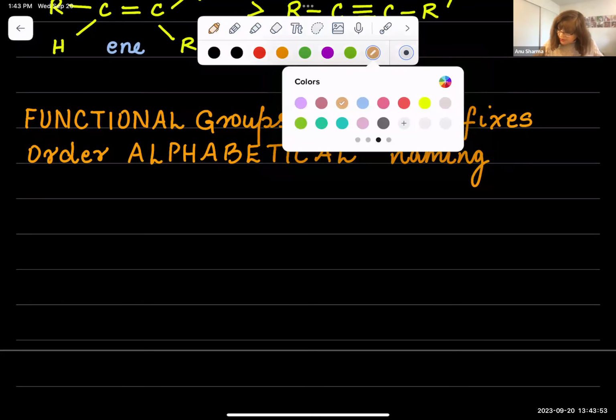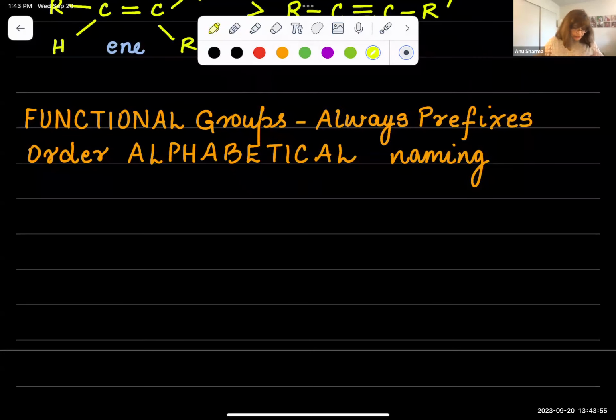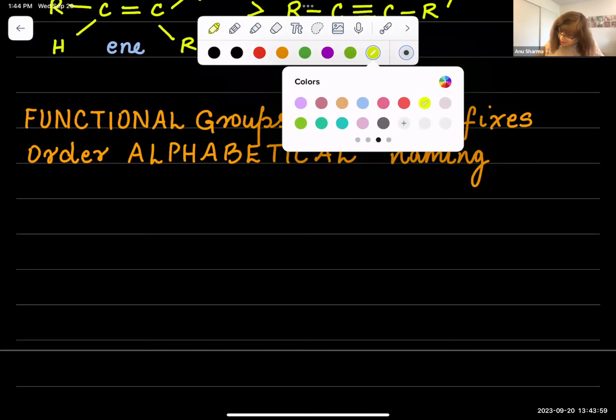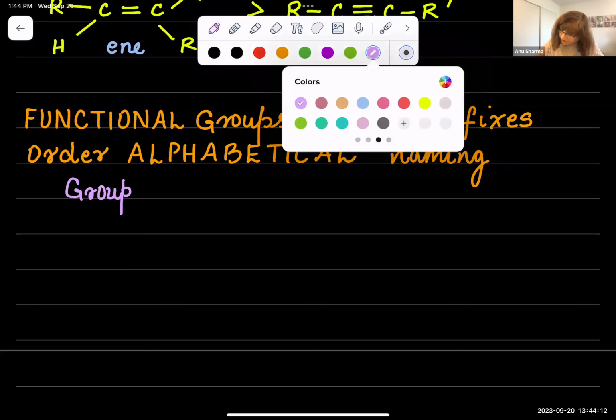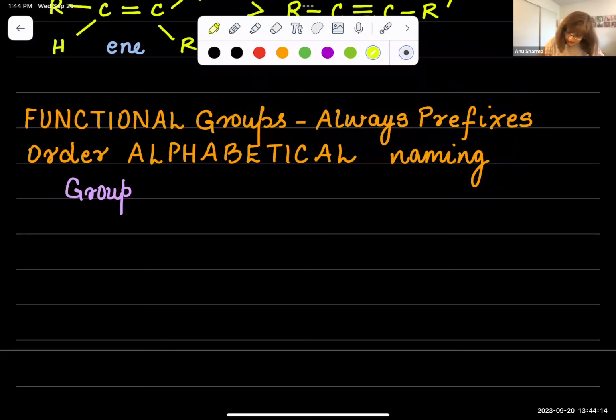All right, now let's look at these here. So here we have the groups, and their prefixes I'll write later, otherwise it gets too cluttered. Number one, for example, is R, the rest of the molecule, Br.